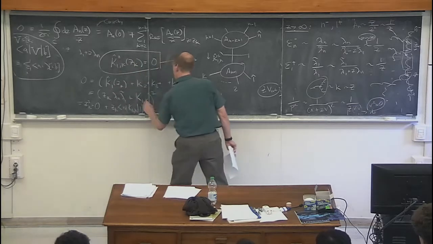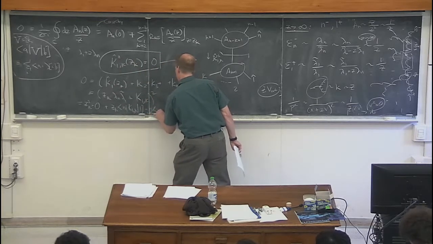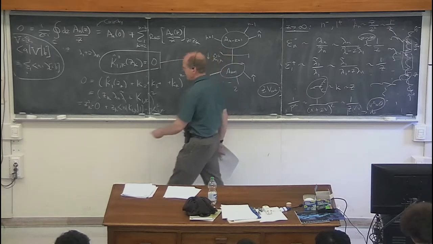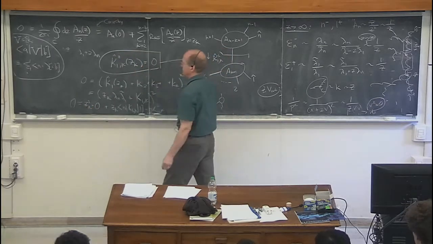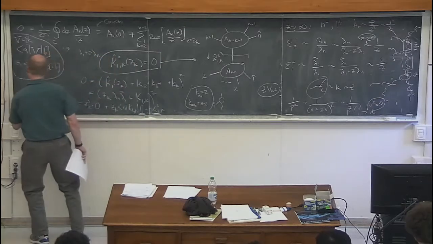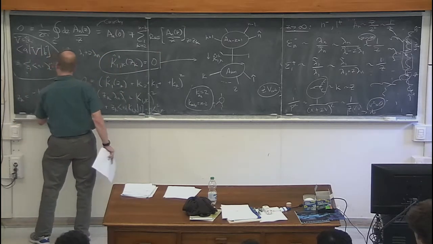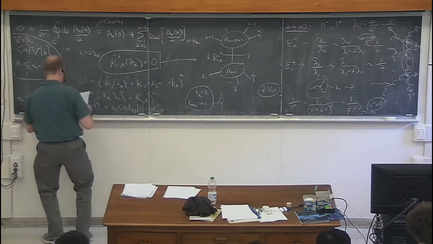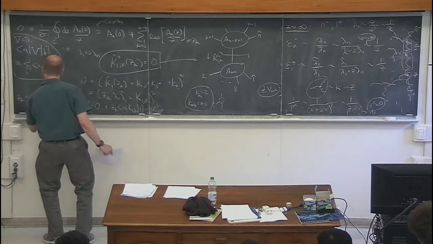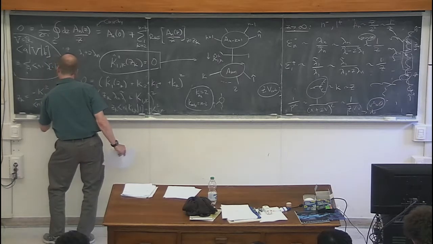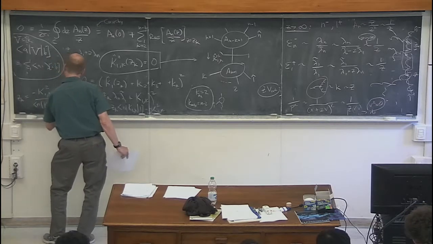And then there's the last term, which is just the square of k1k. And this should be equal to 0. So we can derive zk is equal to minus k1k squared over n k1k 1.